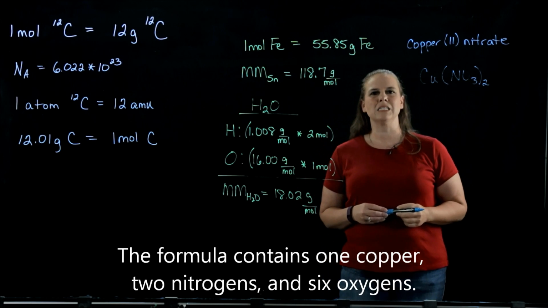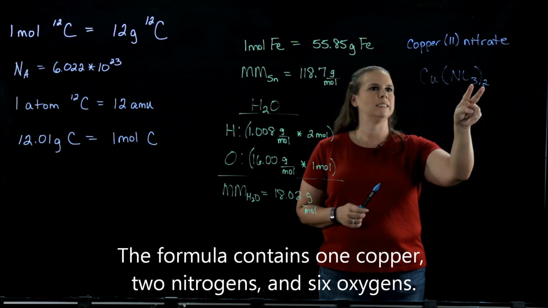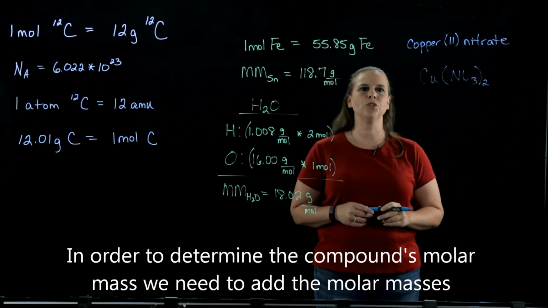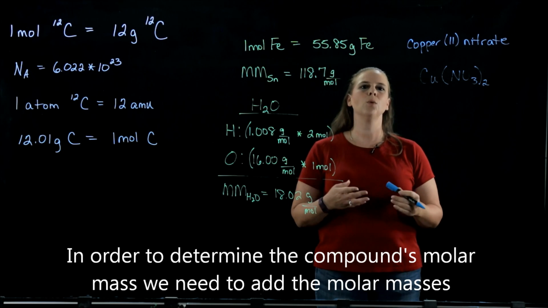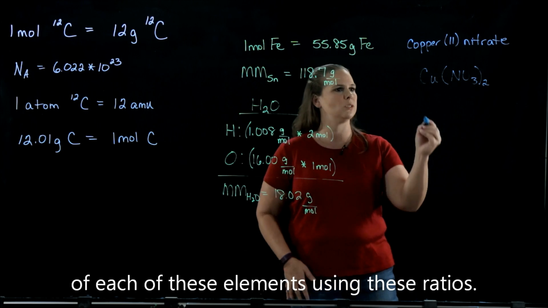The formula contains 1 copper, 2 nitrogens, and 6 oxygens. In order to determine the compound's molar mass, we need to add the molar masses of each of these elements using these ratios.